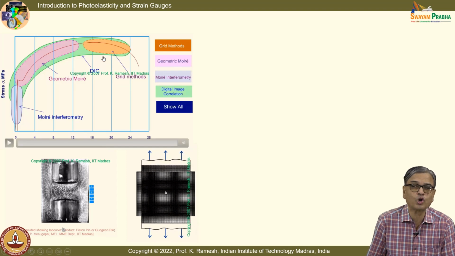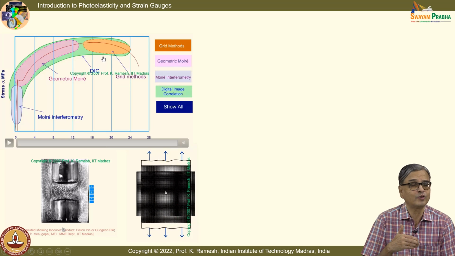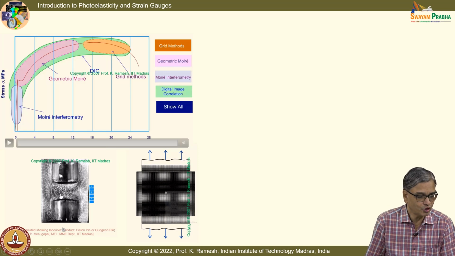Grid is a very crude way of finding out the strain. When you have very large strain, the grid is capable of showing good distortion. So, you are in a position to have an idea of what way the body is strained. Okay. The next step is you go to geometric moire.